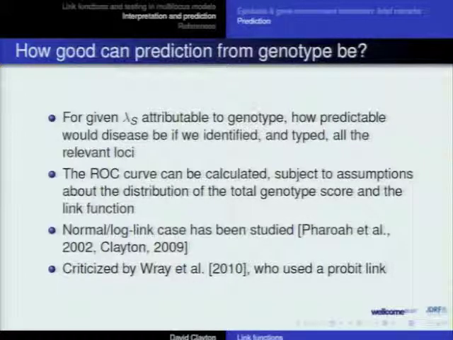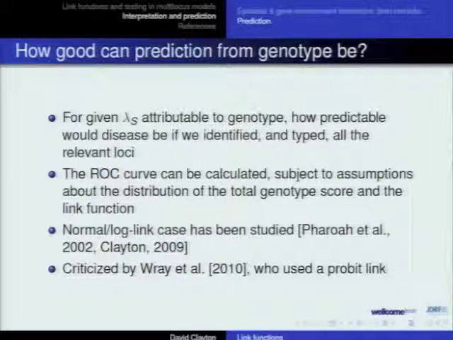So this is a good measure of the heritability of risk. Now, given that you fix lambda S, for type 1 diabetes that's probably about 10 or a bit less, and for type 2 diabetes, I don't know, 3 or something, much smaller.